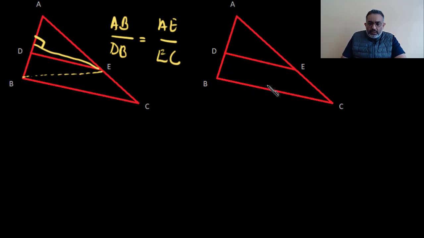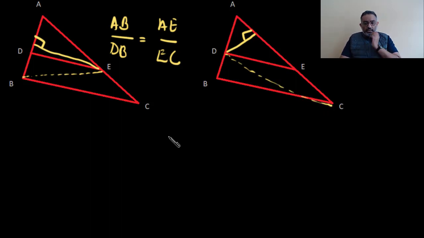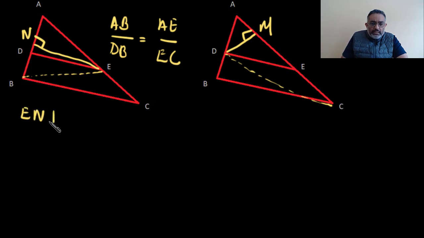Now, in a similar manner, let's draw a line that is perpendicular to AC from D, like this, and let us mark this triangle ADC over here. All right. Now let's call this point N and let's call this point M. So what we know is that EN is perpendicular to AB and in this case DM is perpendicular to AC.